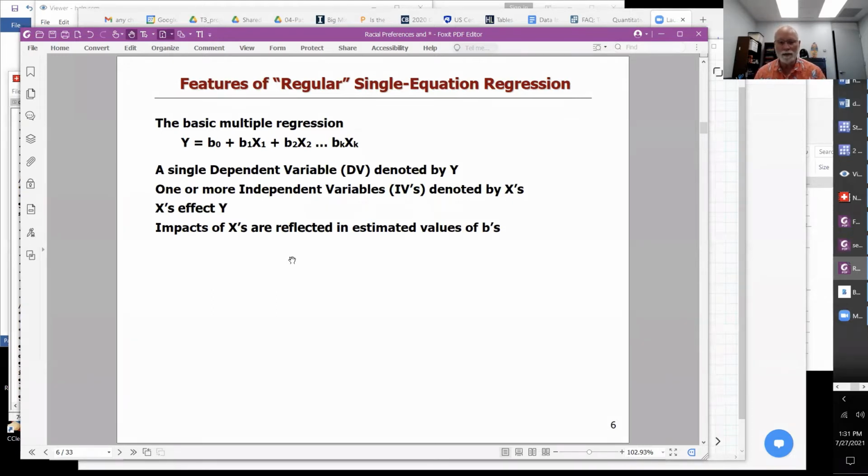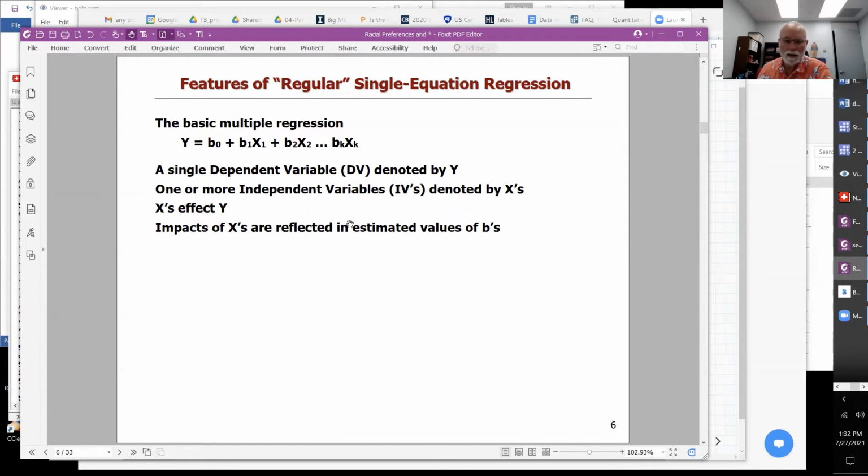Okay, well, that's all well and good, and hopefully we have appropriate caution whenever we estimate a basic multiple regression model. This could be the standard multiple regression model where all of the variables are interval level variables, and it could be an OLS regression.